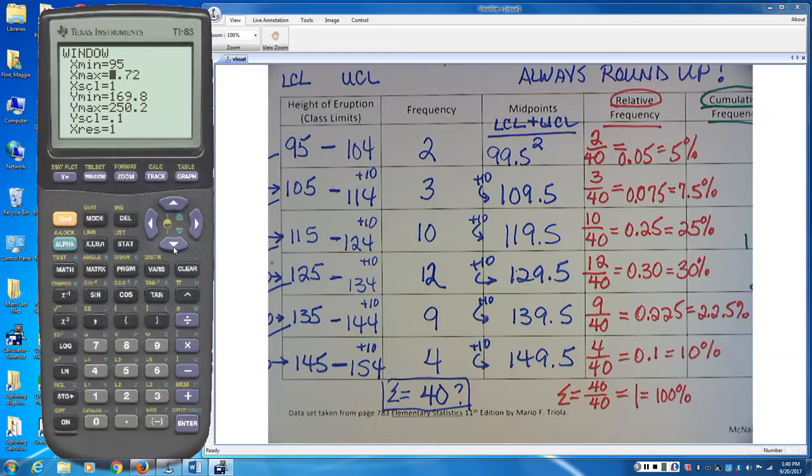The top of the top class is 154, but because of the way the calculator makes things, if you put in 154, it's going to look like it left off part of the last bar. So we're going to go one more than the upper class limit, which is 155. The last upper class limit is 154. We're going to add 1 to it so that it'll have room to draw a line and show you the last bar. Your X scale is your class width, which was 10.